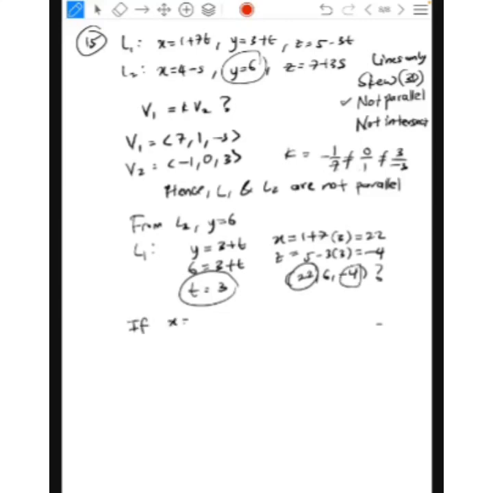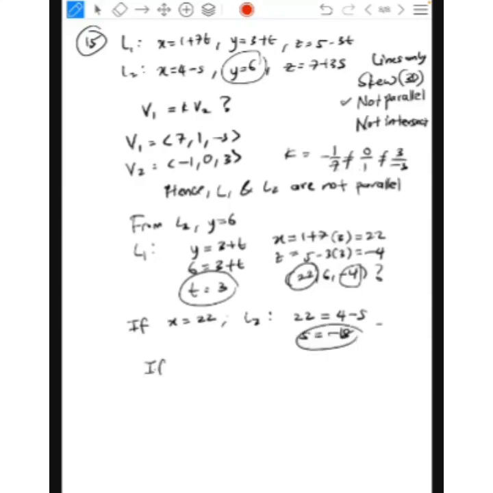If X equals 22, then from L2, 22 equals 4 minus S, which is S equals 4 minus 22, which will be -18.